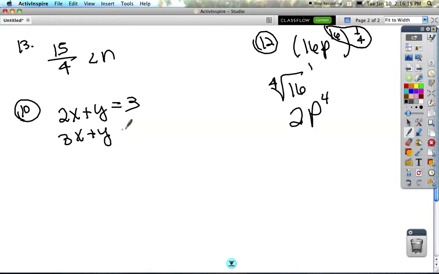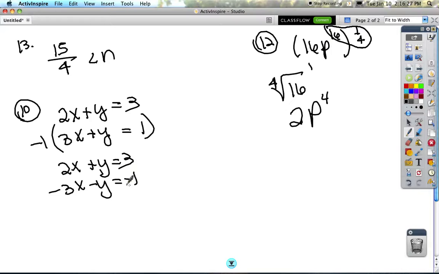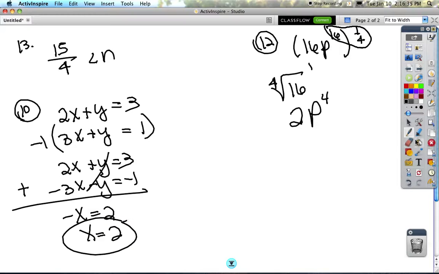I have to change one of these y's to a negative. So multiply all this by -1. When I add them, they eliminate. Negative x equals 2, so x equals 2.